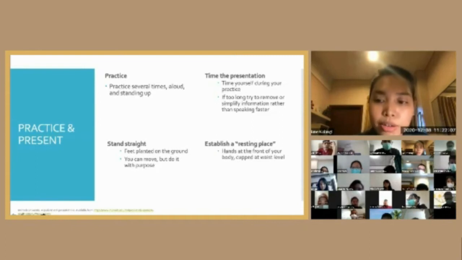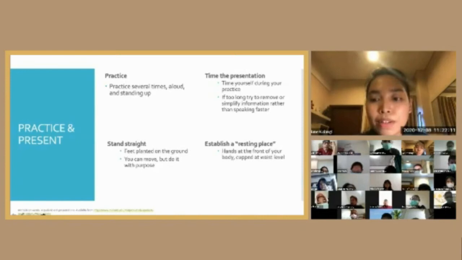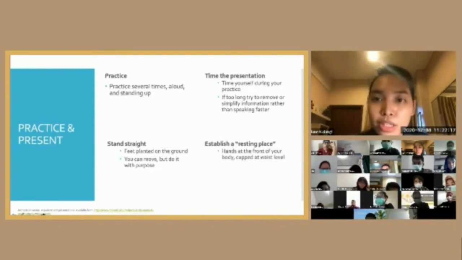Some movements are allowed, but make sure you do it with purpose, since a lot of movement could cause distraction to your audiences. You may also want to establish a resting place whereby you could place your hands at the front of your body so as to avoid fidgeting unnecessarily.